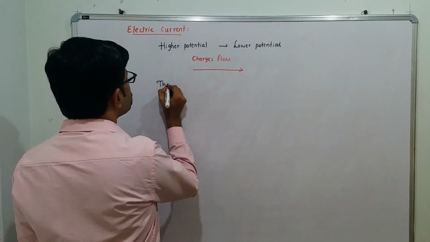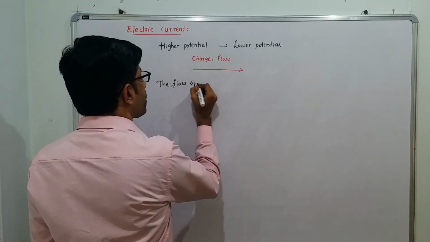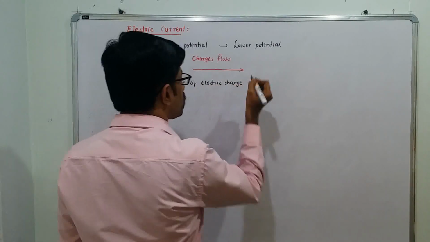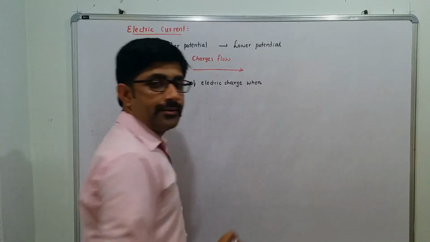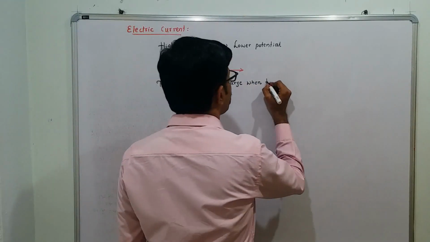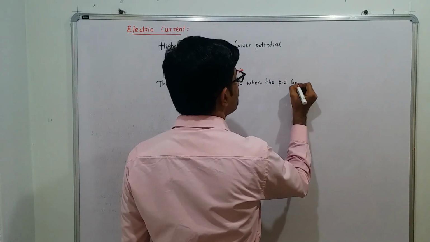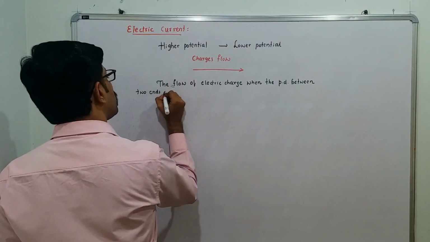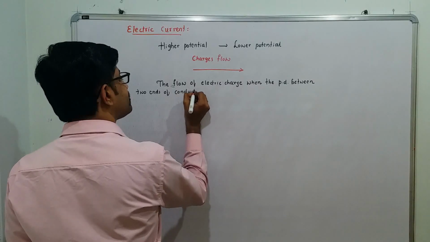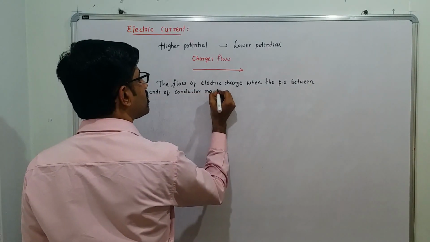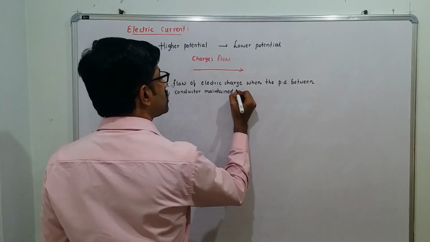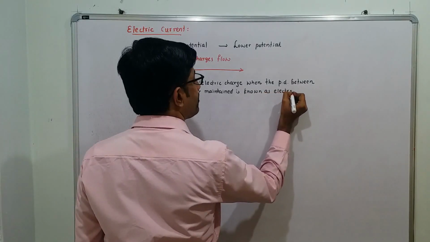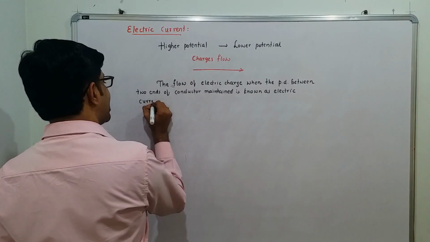The flow of electric charge when the potential difference between two ends of a conductor is maintained is known as electric current.